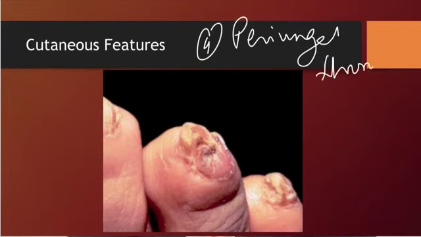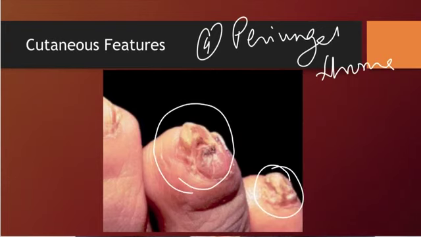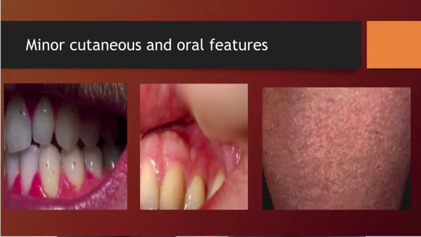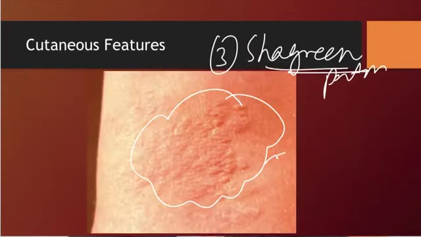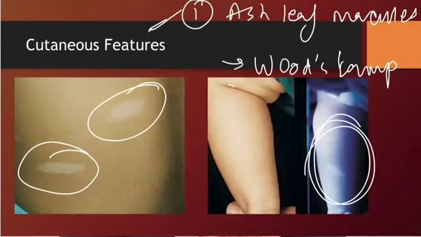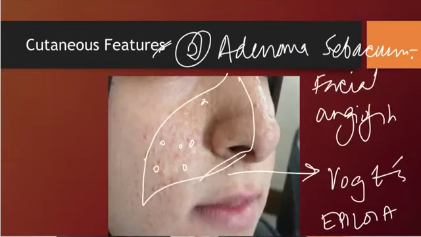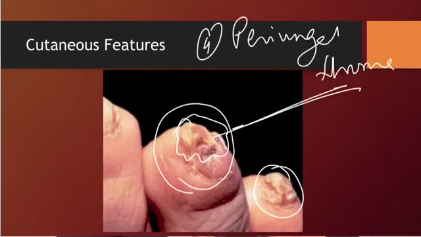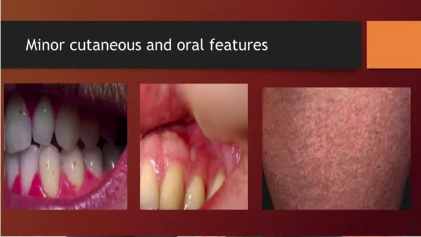As you can see, the nails are quite destroyed and dystrophic, and we are seeing this growth, which is nothing but a fibroma in the periungual or around the nail distribution. So the three we've discussed, ash leaf macules, adenoma sebaceum and shagreen patches, were all major criteria, and also periungual fibromas, which makes it four cutaneous major features.